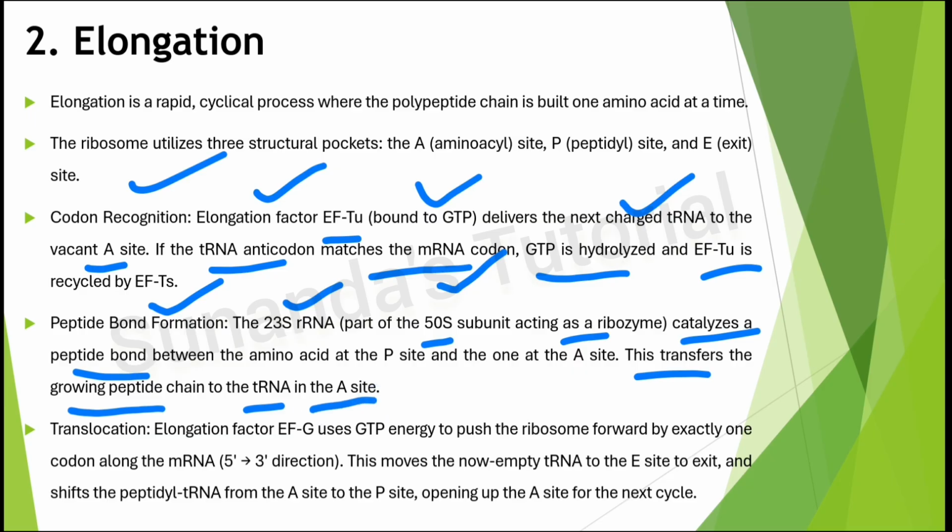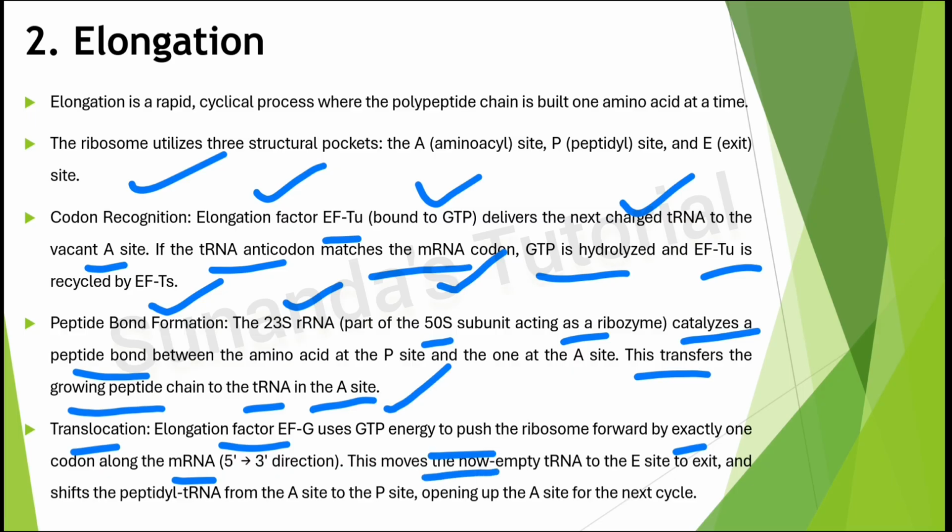Then translocation. Elongation factor EF-G utilizes GTP energy to push the ribosome forward by exactly one codon along the mRNA in the 5' to 3' direction.